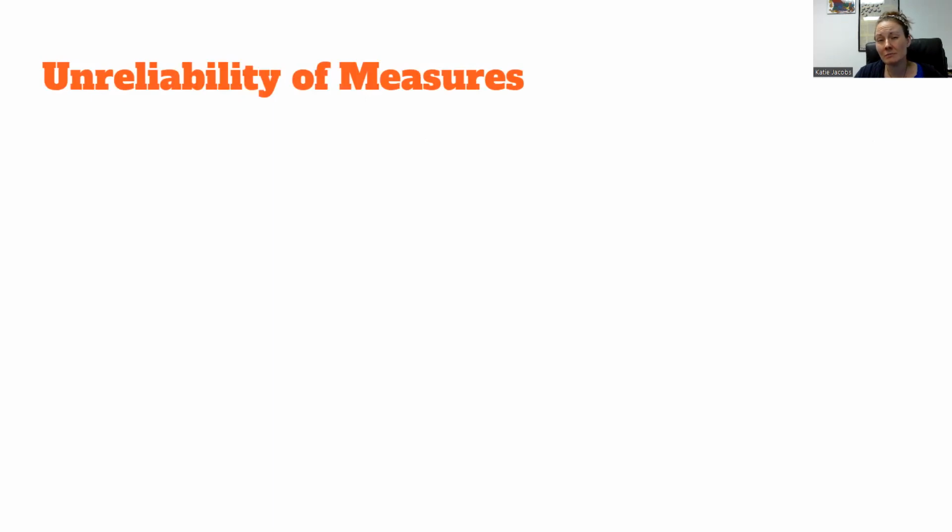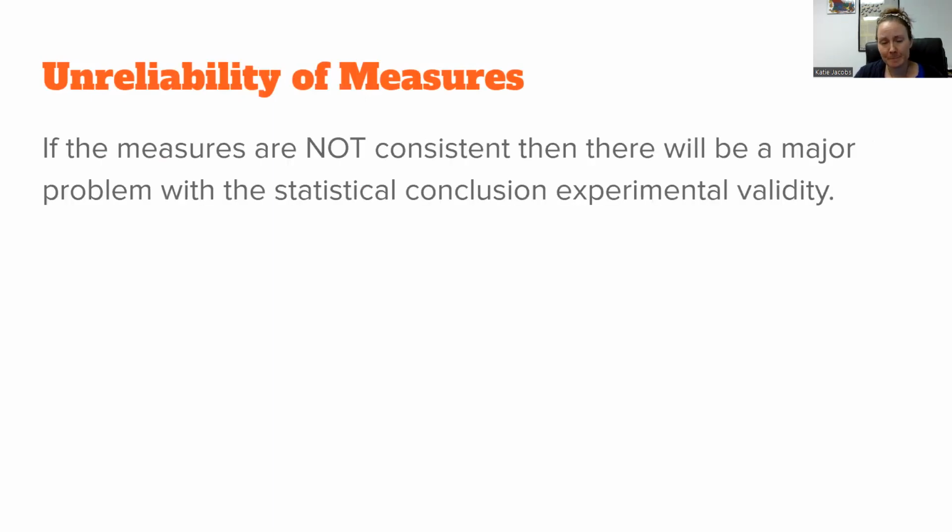Also, if you have unreliable measures, and we're going to be getting into measures really soon, if you have measures that are not consistent, then you're going to have major problems with the statistical conclusion validity. The differences in your results could be because your measures were not consistent. And if you remember, reliability just means consistency of your measure. So if you want to take someone's temperature, you want the thermometer to be reliable.